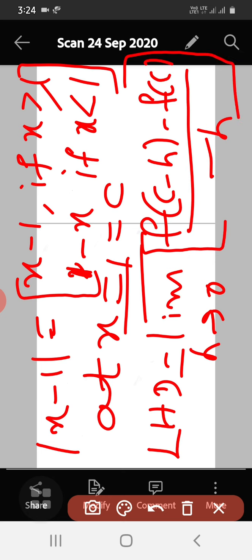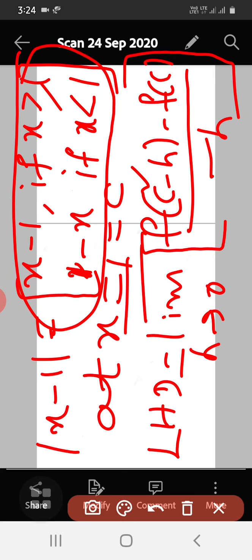Note down this point. I will continue in the next step. Instead of c, you substitute 1. Then use these definitions. You have to be very careful here. I will replace c by 1 in the next step.